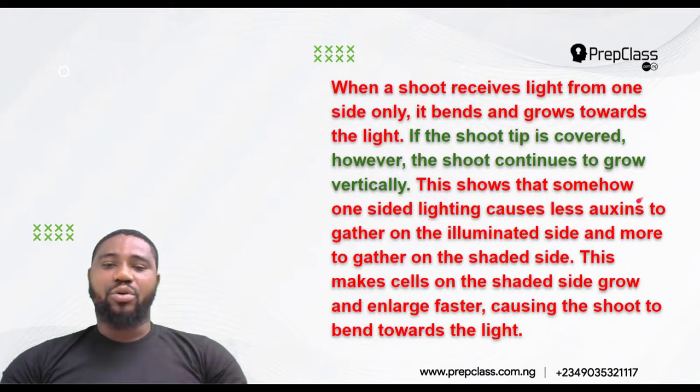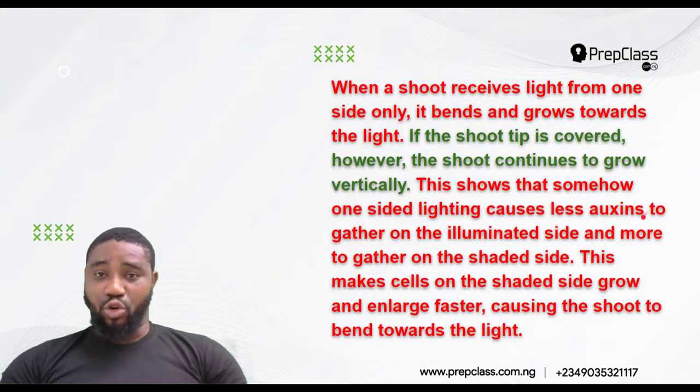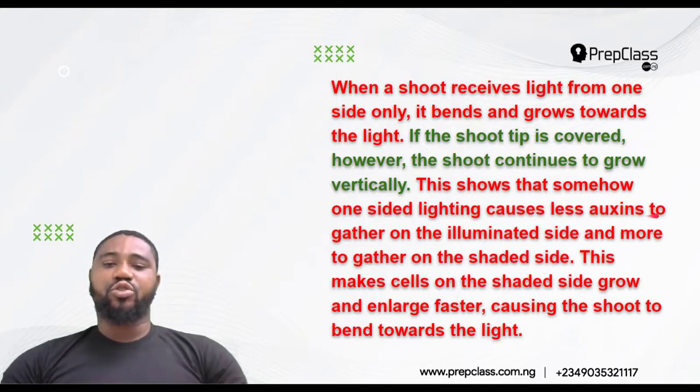This shows that somehow one-sided lighting causes less auxins to gather on the illuminated side, and more to gather on the shaded side. So now this makes the cells on the shaded side grow and enlarge faster, causing the shoots to bend towards the light.